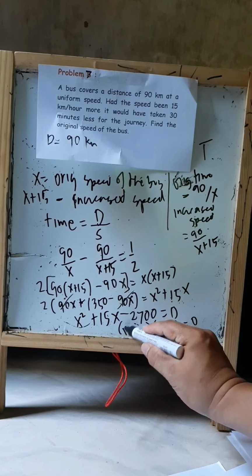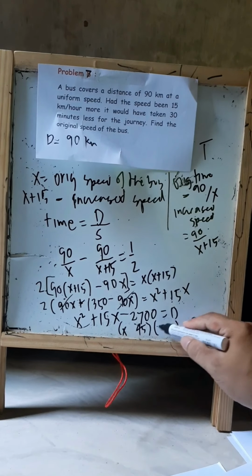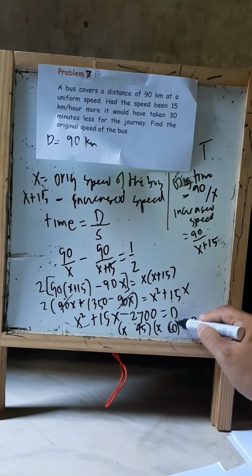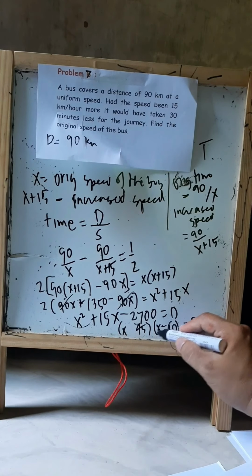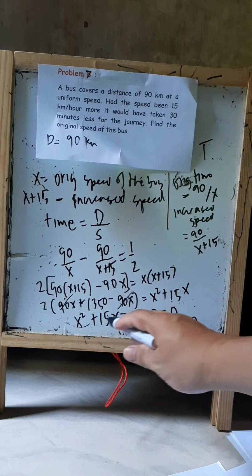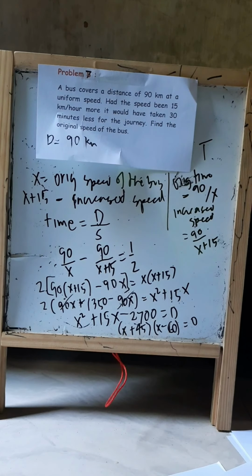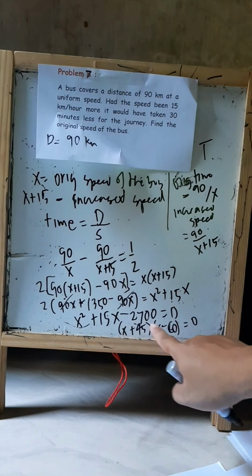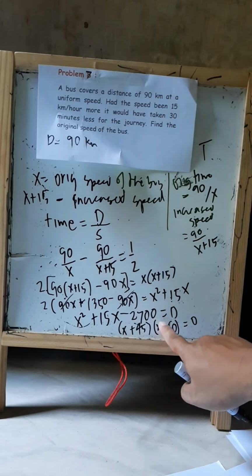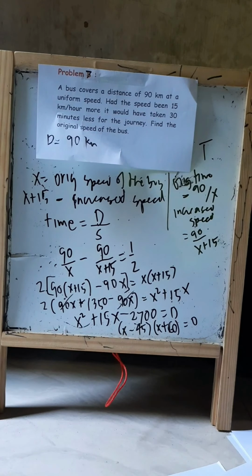45 and 60. So it is x plus 60 and x minus 45.